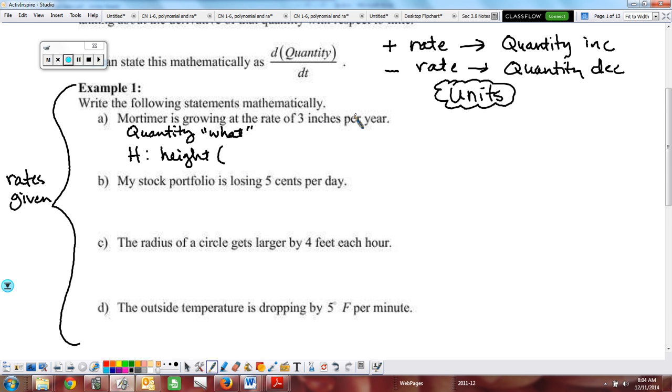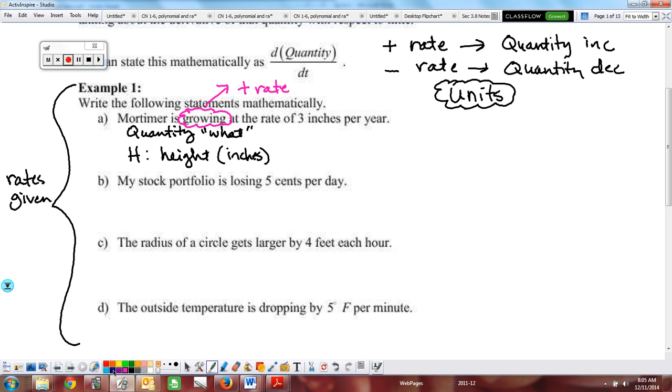So since it's inches per year, the height is going to be measured in inches. So we figure out the what, and then we think to ourselves, well, which way? It's growing, so that's going to be important because that's going to tell us whether our rate is positive or negative. So we know that this rate that we're describing is positive.